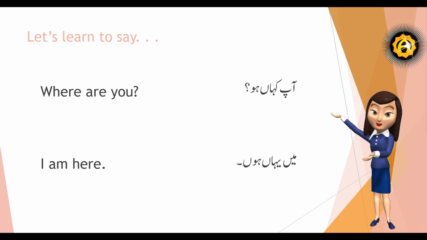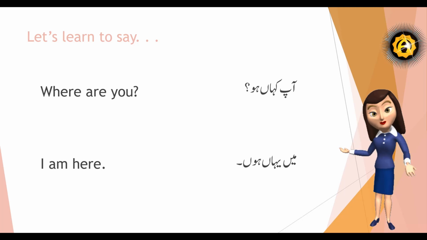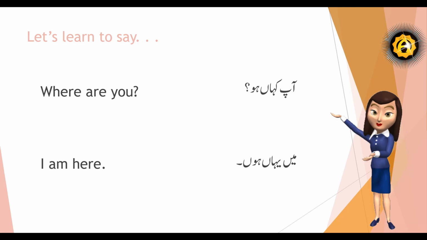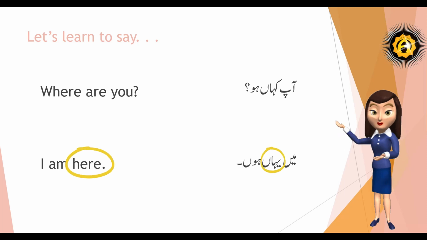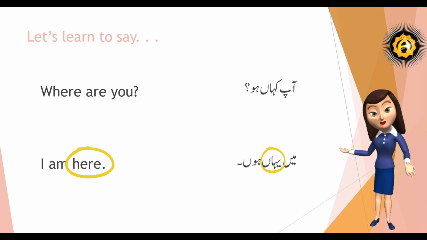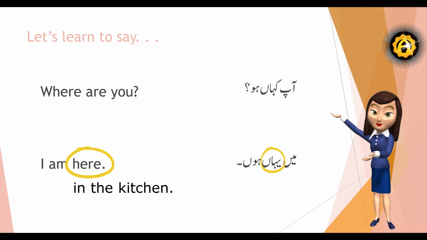Or if you want to tell specifically that you are in some specific place, then you can always replace here with the name of that place. Alright? For example, you're in the kitchen. So you are going to say, I am in the kitchen.